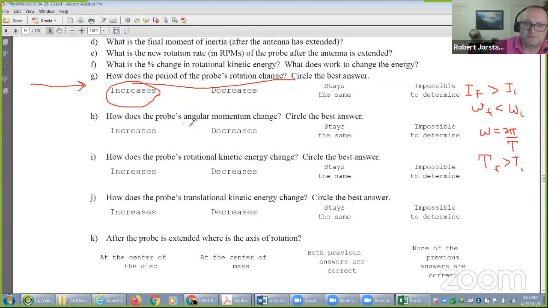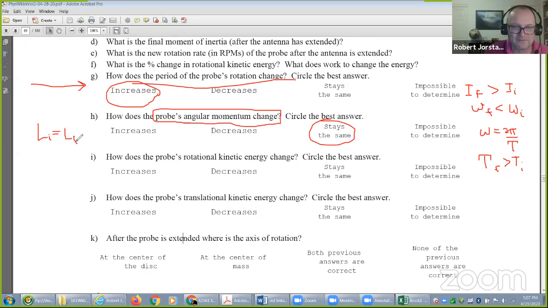How does the probe's angular momentum change? Hopefully you thought it stays the same because we just used that fact to do the problem. Right? Remember we said L initial equals L final. So that was a trick question. Sometimes it just doesn't change.